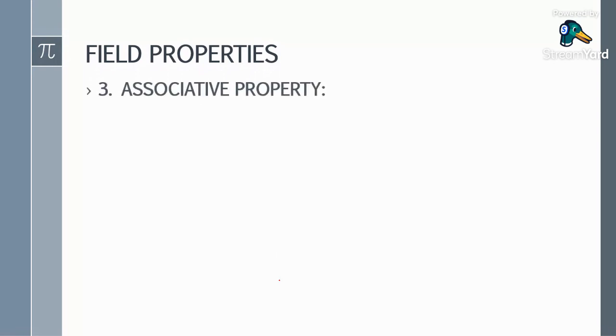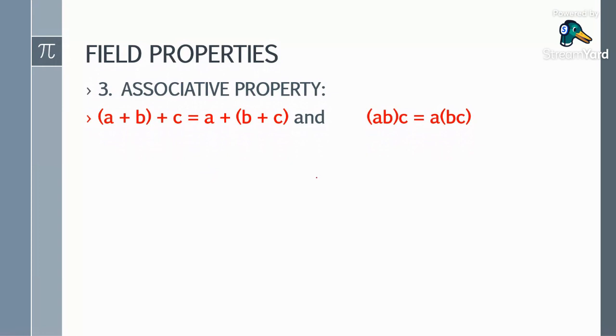Now, let's proceed to another property. The next property is the associative property. So, what is associative property? Let A, B, C be our representation.